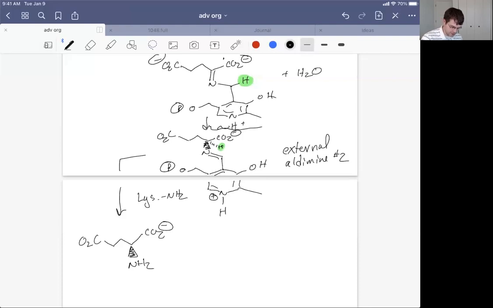So this last step is a transemanation where we react the amine of a different substituent with our imine and form a new imine. This imine is now PLP as an imine with lysine.